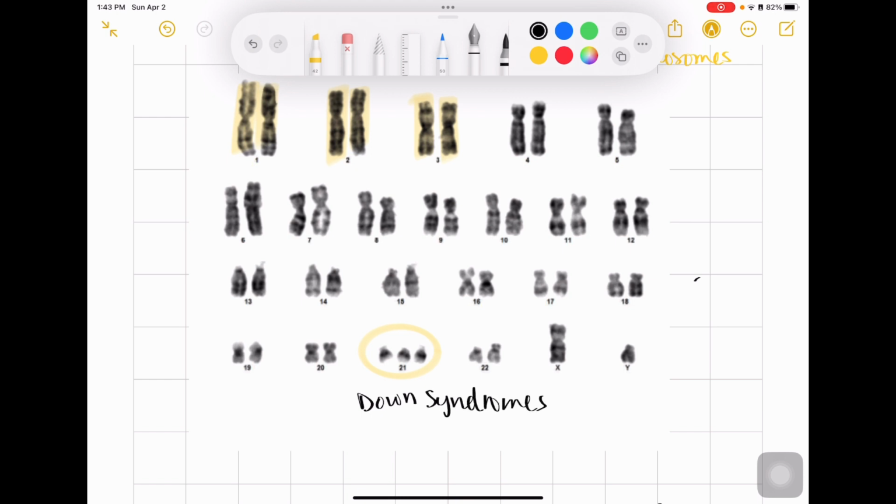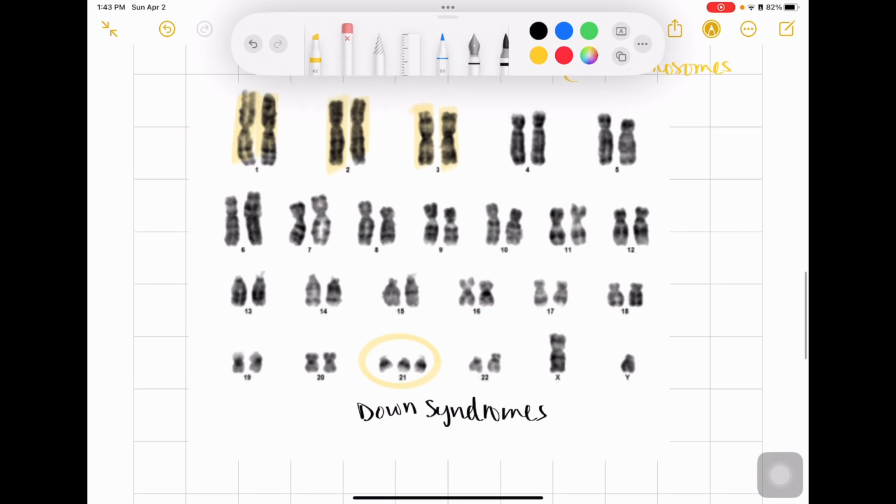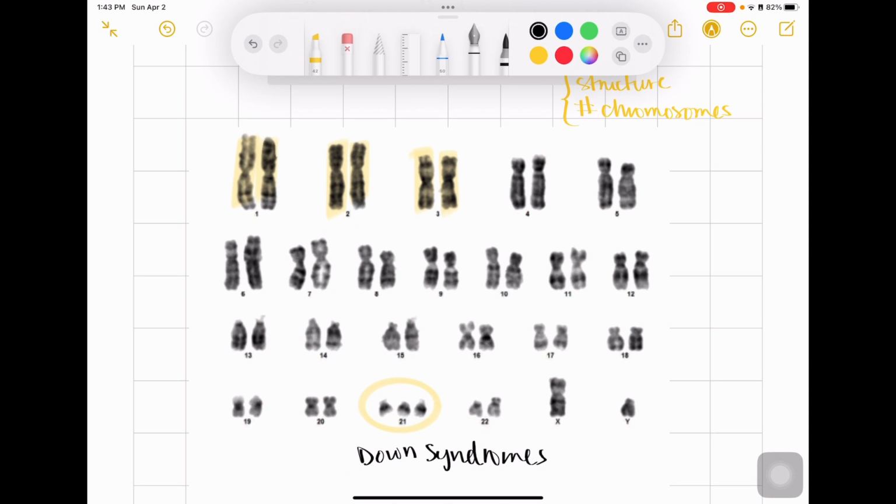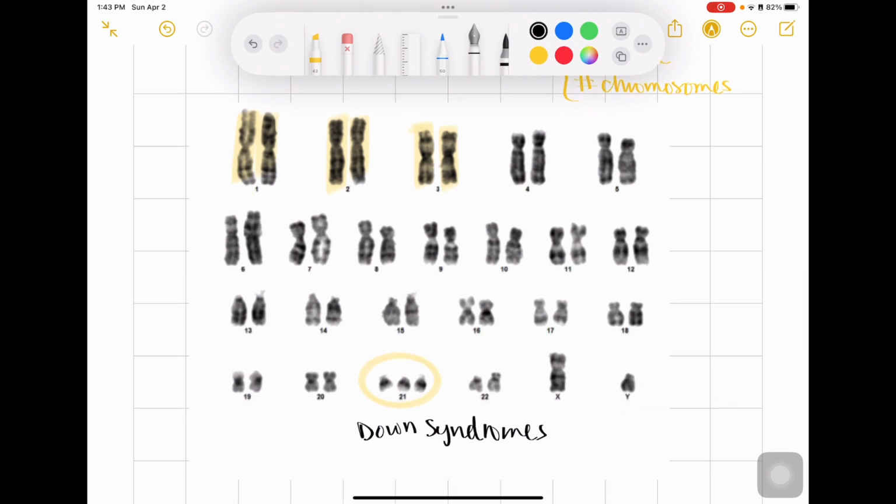This is an occurrence that happens in meiosis, of course, and this person has an extra chromosome, which is kind of crazy, which results in Down syndrome.